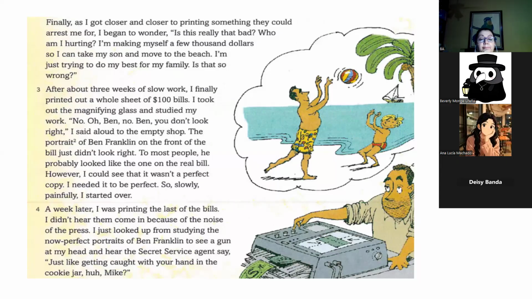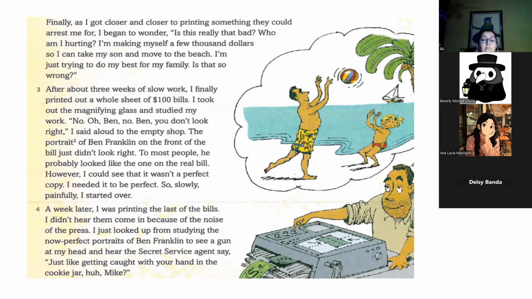Paragraph 3. Okay, after about 3 weeks of slow work, I finally printed out the whole sheet of $100 bills. I took out the magnifying glass and studied my work. No, Ben, you don't look right, I said aloud to the empty shop.